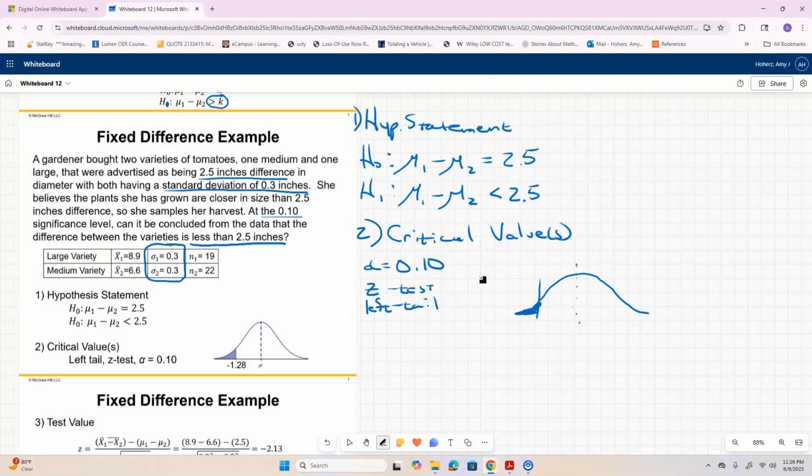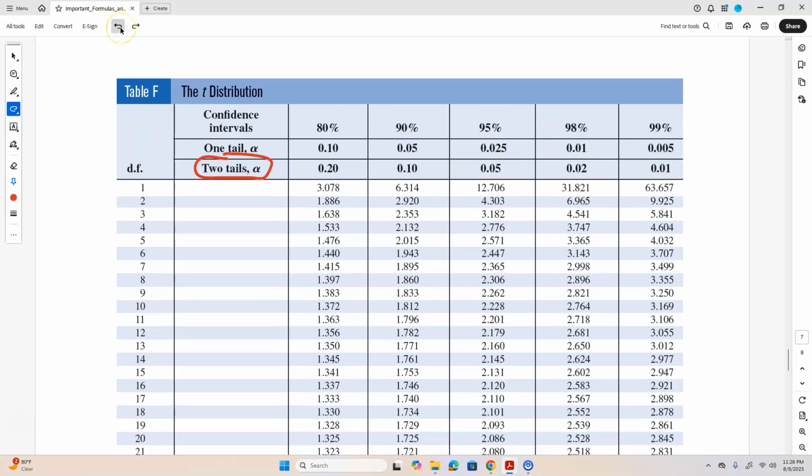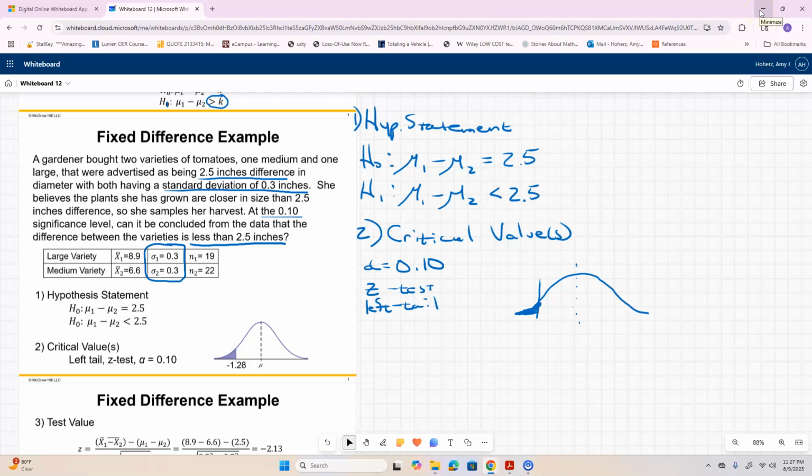So we're going to go to our chart and we're going to do an alpha 0.10 left tail z-test. Okay, so one tail, 0.10, and then all the way to the bottom for a z-test. And that gets us the 2.33 value. Oh, I looked at something wrong.